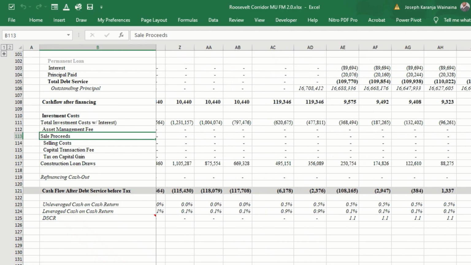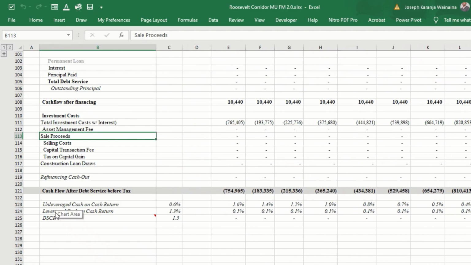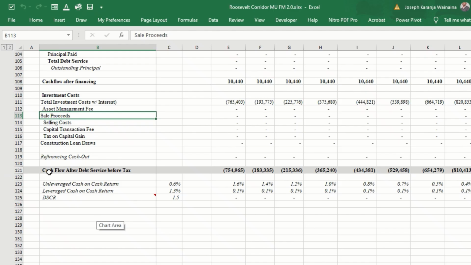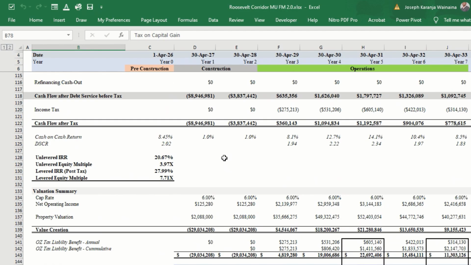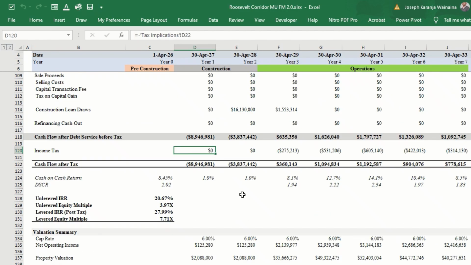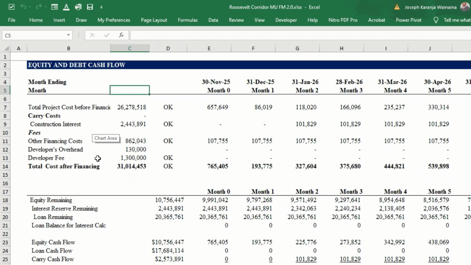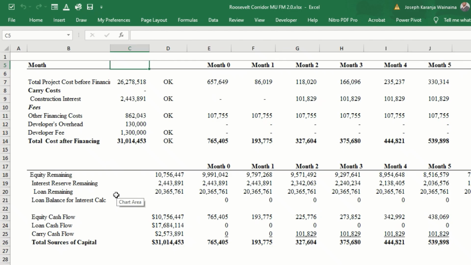Yeah, for this project we didn't have refinancing after completion of the project. So here is the cash flow after debt service before tax indicated here. So the tax is calculated on an annual basis, which comes on this side, on this tab. So these are the equity and debt cash flow section.